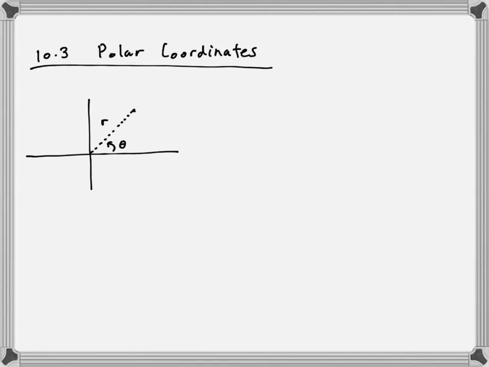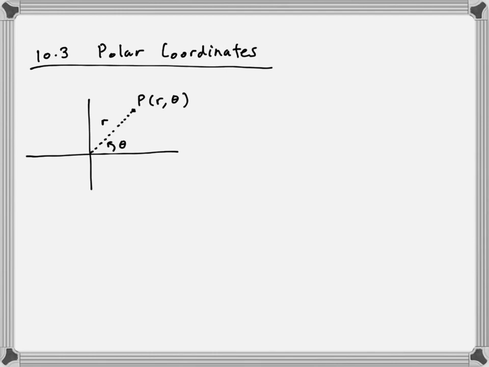That actually gives us a unique point, P, which we call (r, theta). Or in other words, (r, theta) would be the coordinates of that point in polar coordinates.